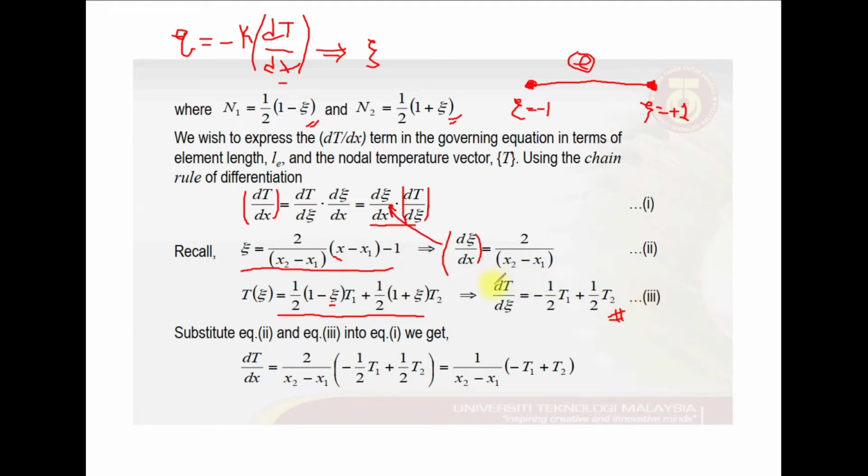And substituting this dT over dz into these expressions, we can rewrite the new expression for dT over dx, which is given by the equation that we have at the bottom of the slide, where the term x2 minus x1 actually represents the length of the element that we consider in our analysis.